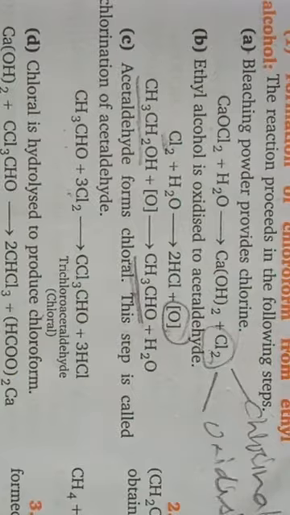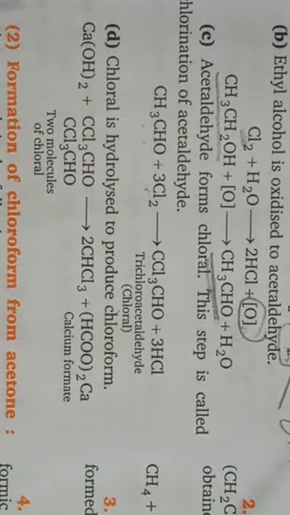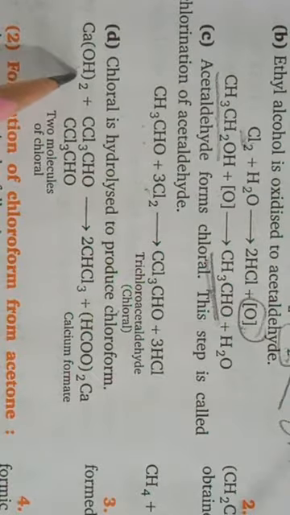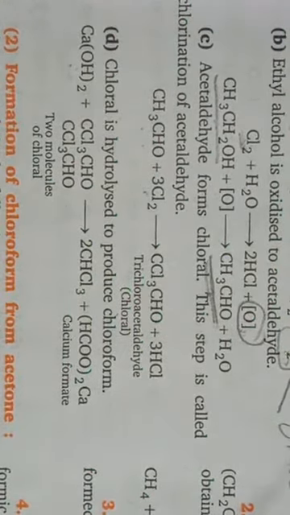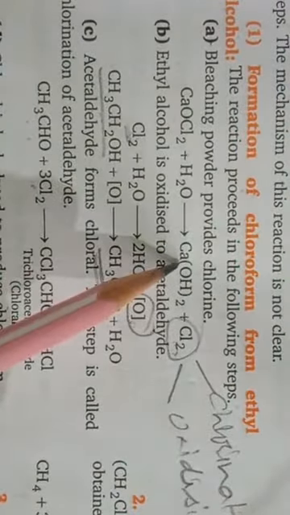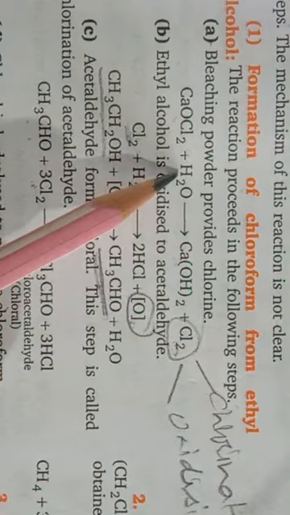Okay, so from ethanal, chloral will form, and at last this chloral will react with calcium hydroxide, which is formed in step A where bleaching powder reacts with water.